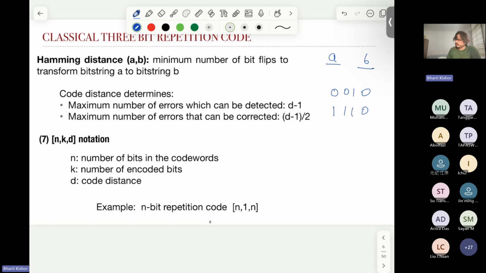If you flip just two bits, you can go from A to B. So the Hamming distance between A and B is 2.